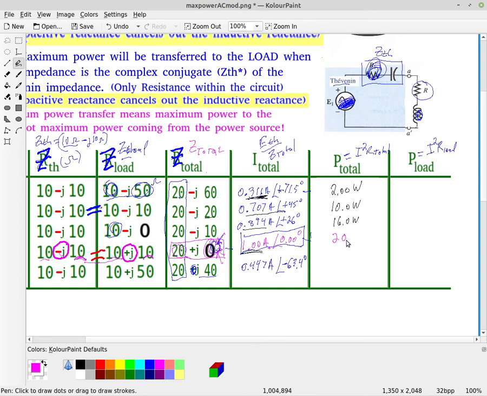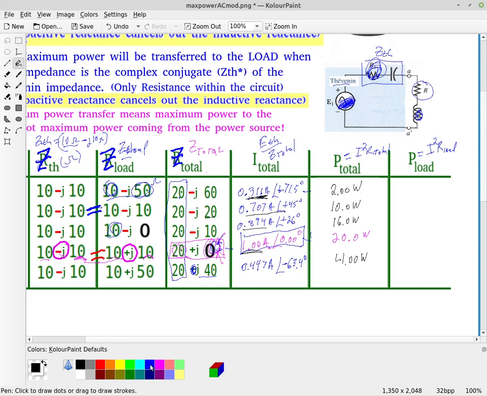So that's going to, of course, be 20 watts. And if you look at the following case, the total is going to be 4 watts in this last case.